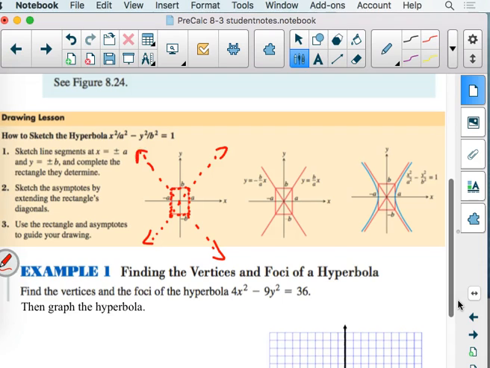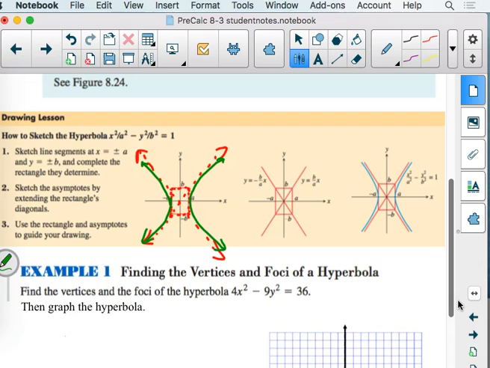So there they are. Now A, remember, even though they give them fancy names, semi-transverse, are actually the vertices. So I know my hyperbola has to go through A. And I also know what asymptotes do. Asymptotes are things that we approach but never cross. So I'm going to have to make my branch of my hyperbola do that on that side, and then the mirror image of it through A on the other side.